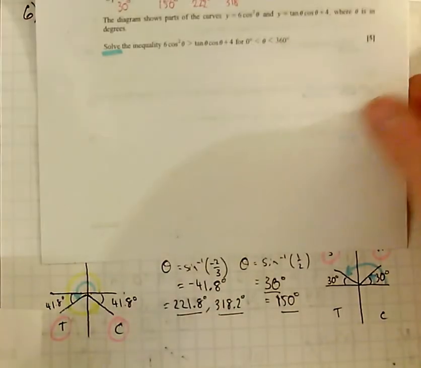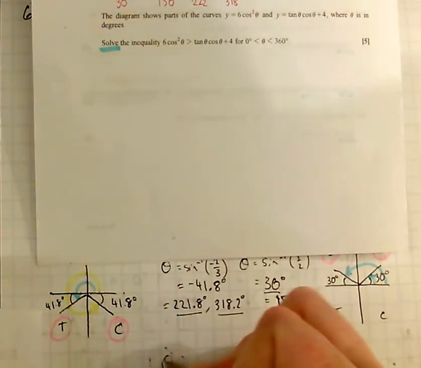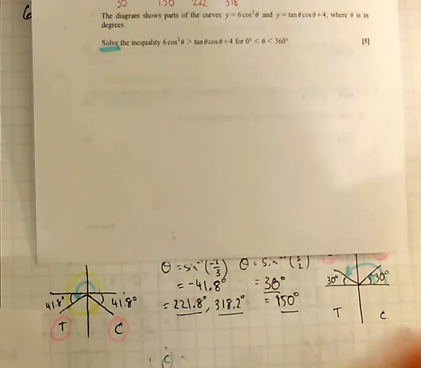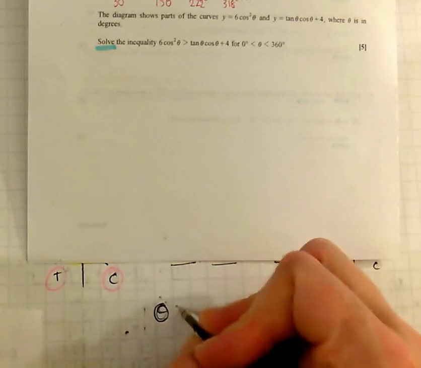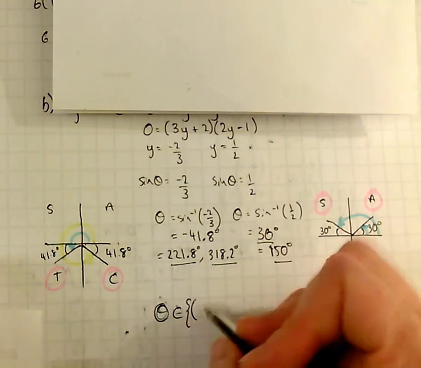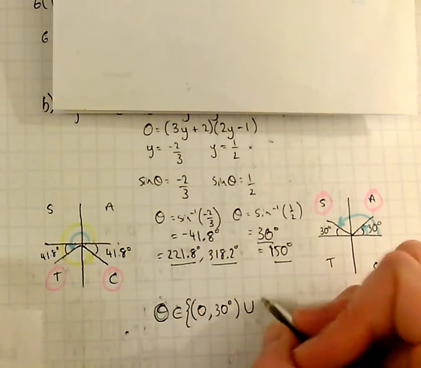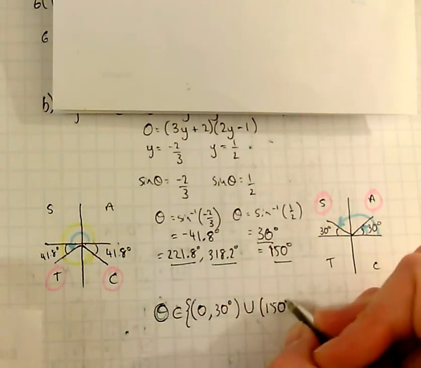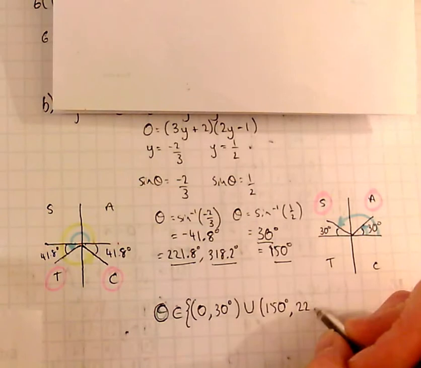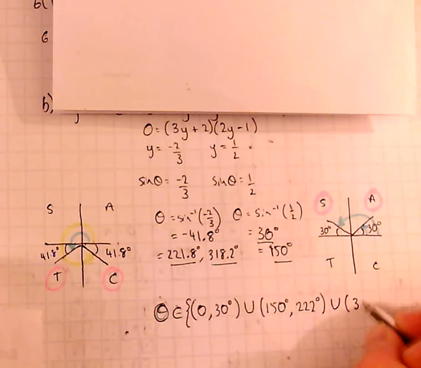Okay, so let's jot down our inequalities. So we've got that theta, black because it's easier to read, so theta is an element of, let's do some curly brackets for a set, 0 up to 30 degrees, union with 150 degrees up to 222 degrees, union with 318 degrees up to 360 degrees.